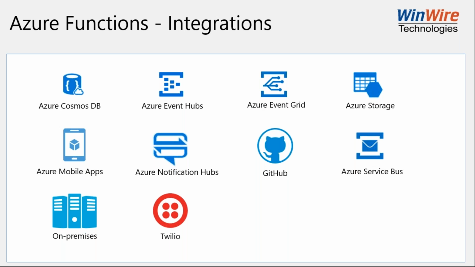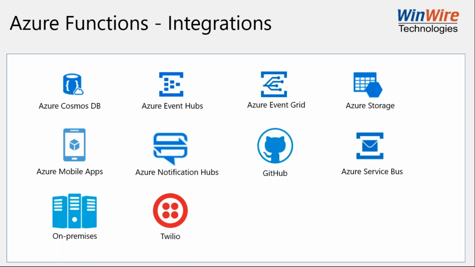Functions can be integrated with many other services, which are not only Azure services, but also third-party services like GitHub and Twilio for messaging. And interestingly, you can also integrate with on-premises. So it gives you a variety of options for you to integrate with other services. We will see in the next slide what I exactly mean by integrations.